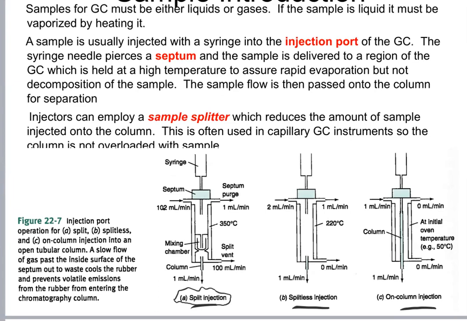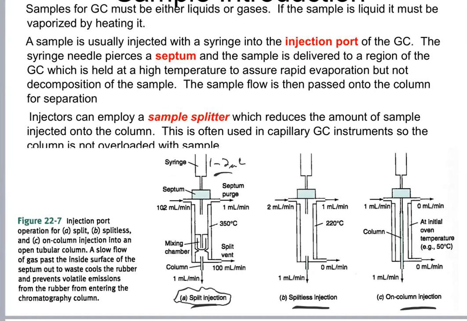Well, it turns out even if we inject 1 or 2 microliters of sample onto our column, sometimes that's too much if we're using a very, very highly sensitive detector system and a column that has a limited capacity to handle sample. So we basically have to purposely get rid of some because we can't inject less than this. It's already a tiny volume. It's our technical limit in terms of what we can inject from the outside world. So what we do instead is we use a split injection scheme.